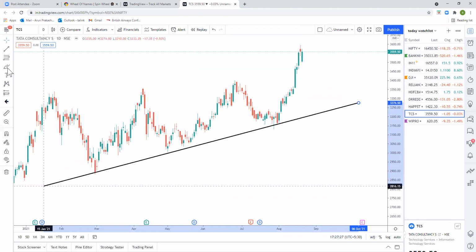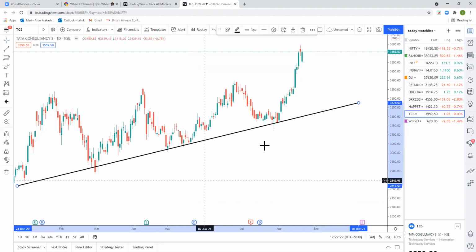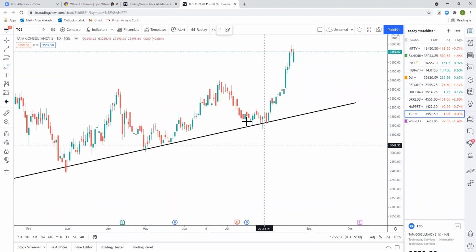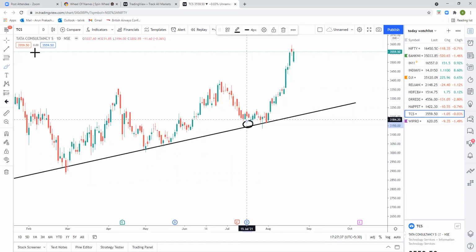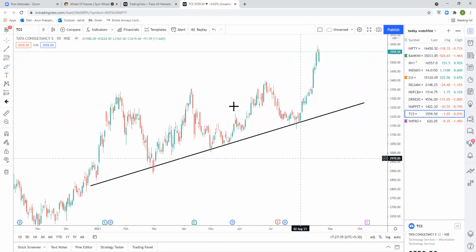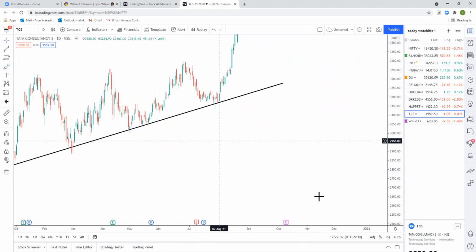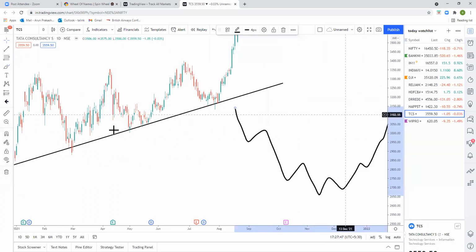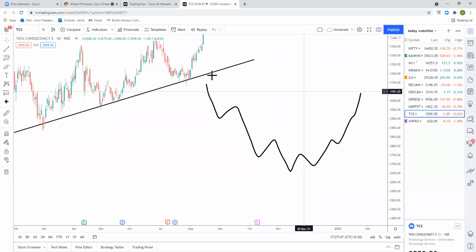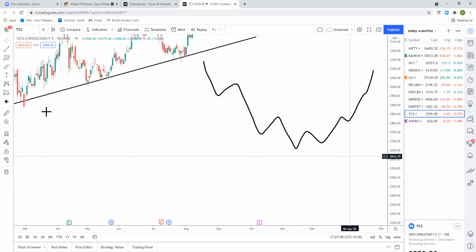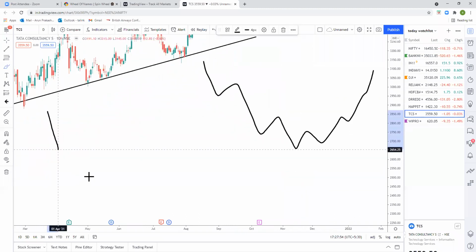So when the next time TCS comes right at this level, sometimes I will not be entering, because price action will work only like this. So just note the difference between this structure and this one.